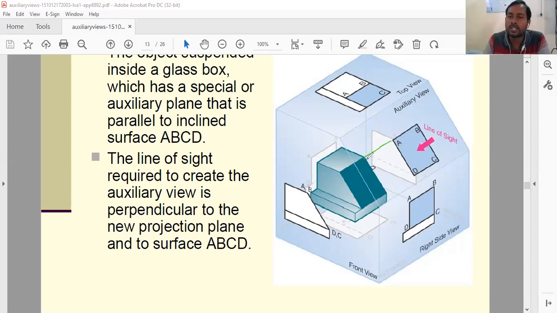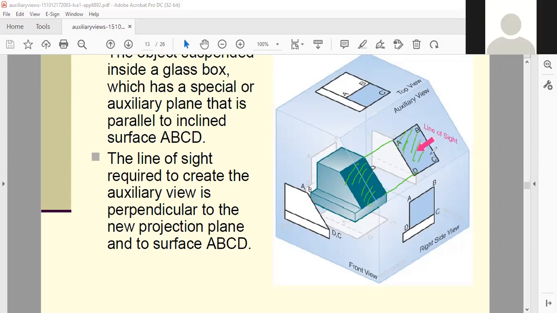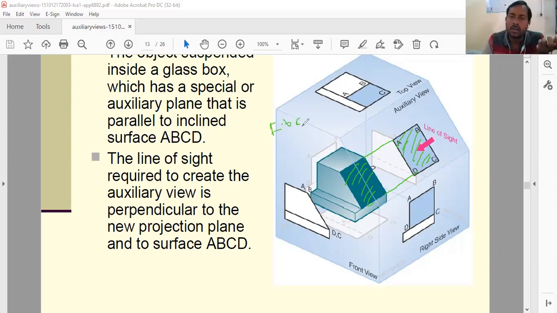Actually, look, we are drawing this portion as it is here. This is visible, right? Is this portion visible as the auxiliary view? Yes, sir. But on paper, the question is how to draw it with the front view and top view. So by using the front view and top view you should draw the auxiliary view directly like this, because this is a 3D diagram, so that you can recognize it easily.